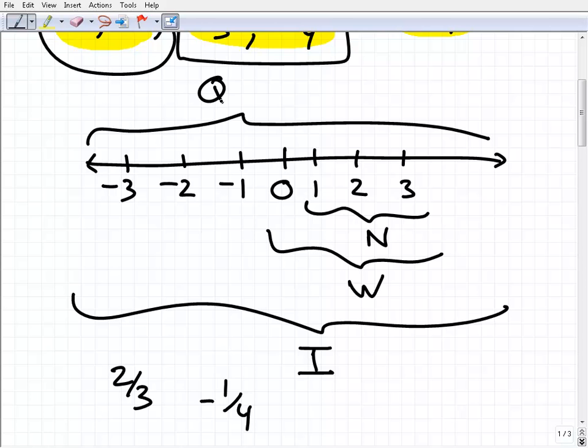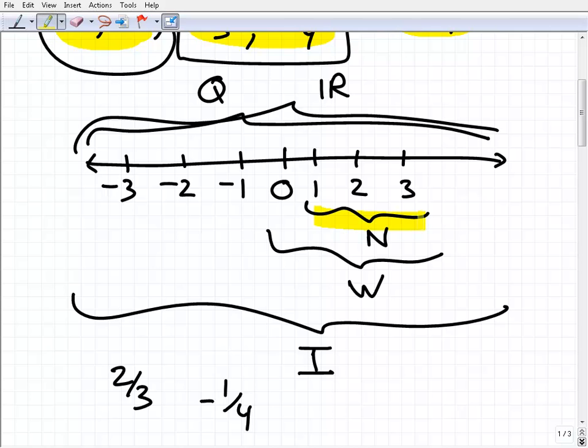Those are numbers that we can express as a fraction, and then there are other types of numbers that we cannot express as a fraction. Those numbers are called irrational numbers, and they're all over this entire number line. We'll call that IR. So let's take a look at what we have here.